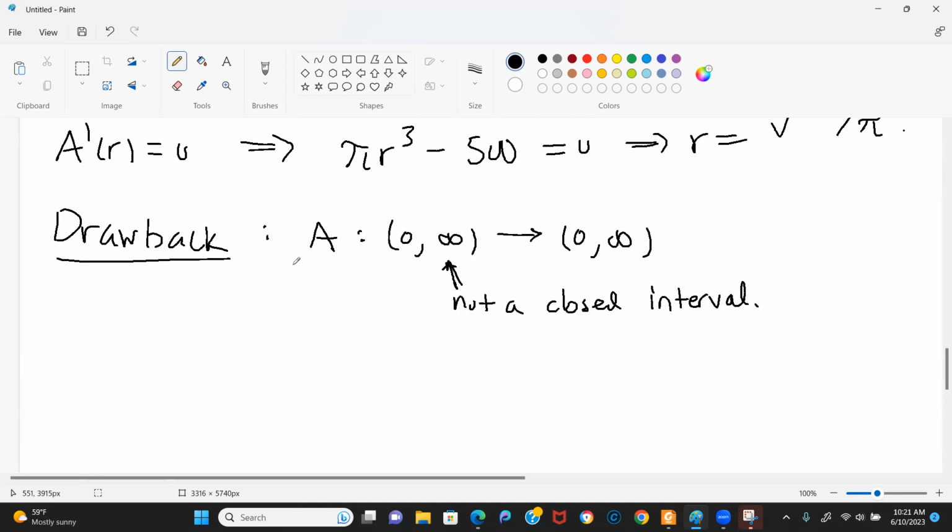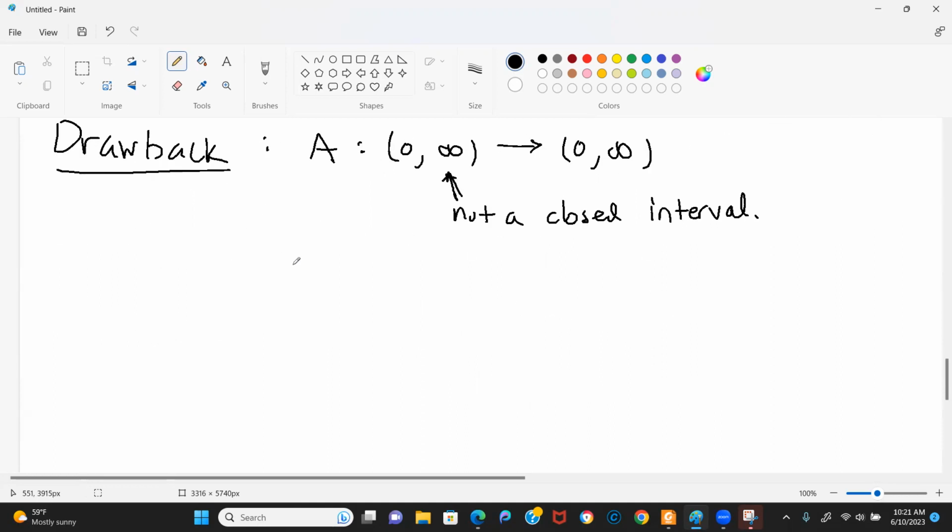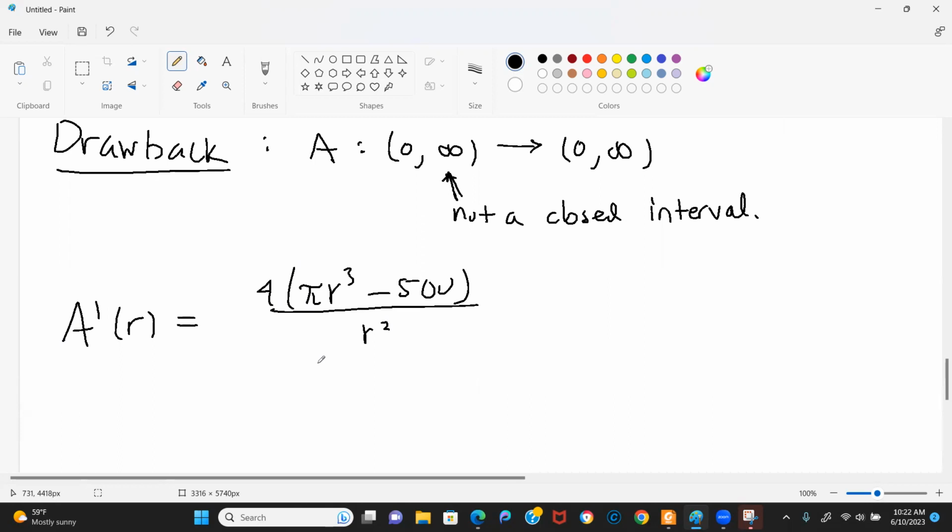So I have to do a little bit more careful analysis. Let me write down the derivative again. It's going to be 4 pi r cubed minus 500 over r squared.